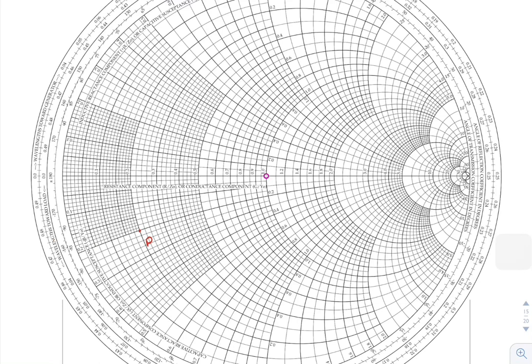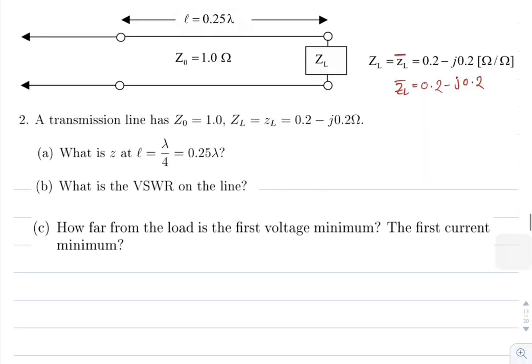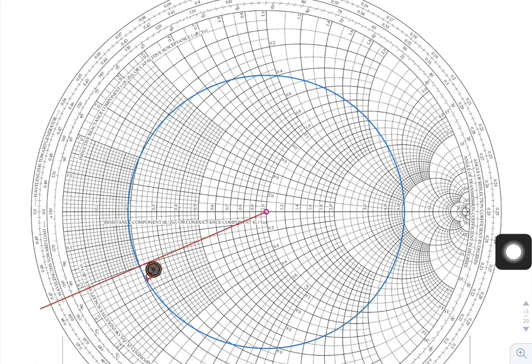Let's first draw the gamma circle. So this is our gamma circle. The first question he asked is, what is the impedance at a distance of lambda by 4? You know that lambda by 4 on the Smith chart represents 180 degrees. And from this load, you have to travel a distance of 180 degrees towards the generator.